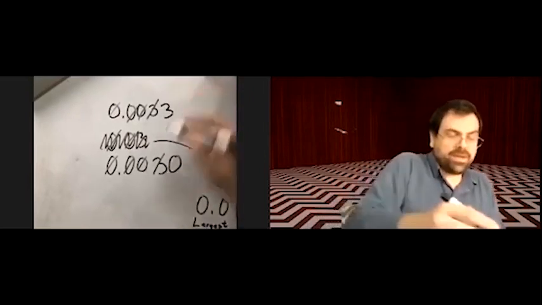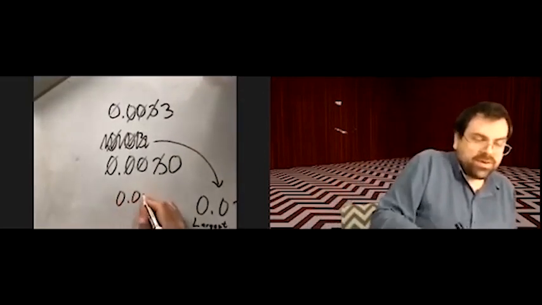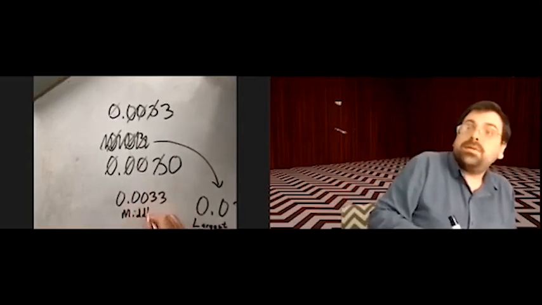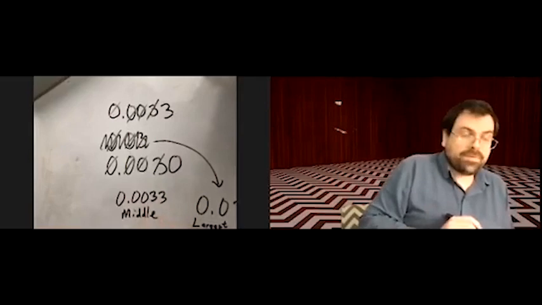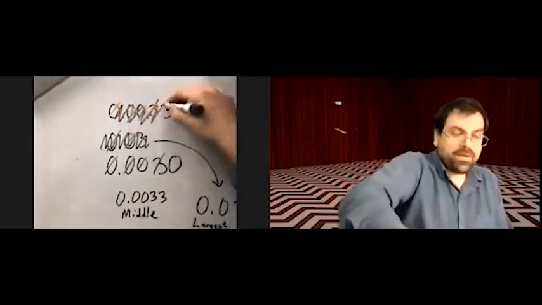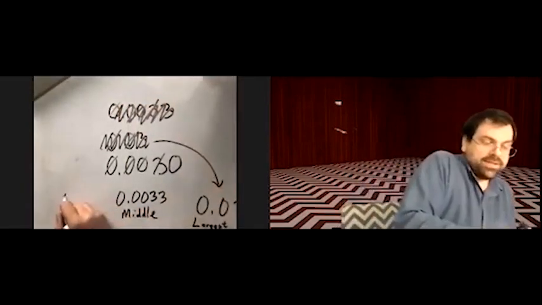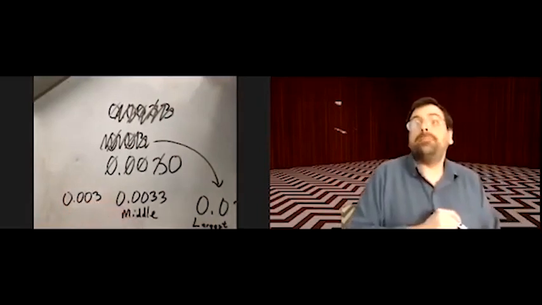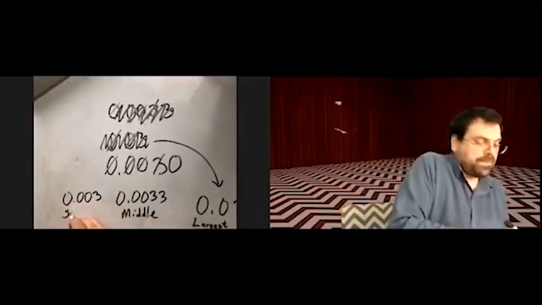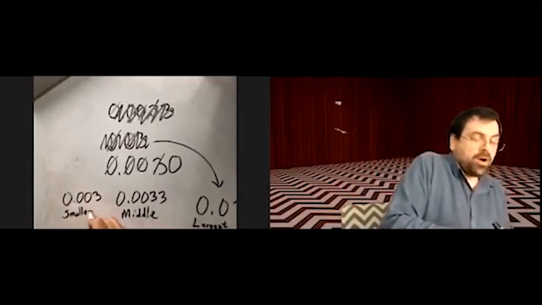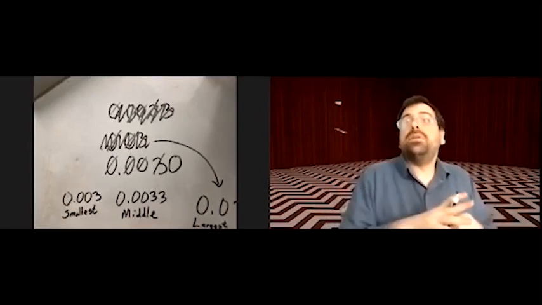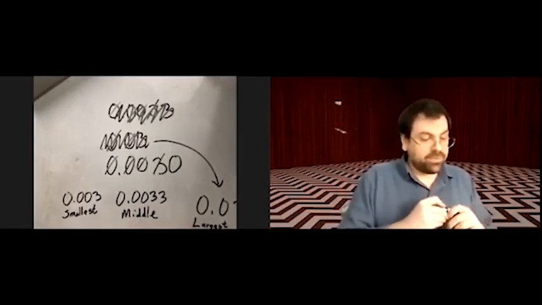So here, 0.0033, that's the middle. And the smallest, 0.003. In the homework problem, you're literally going to drag them and put them in the proper order.